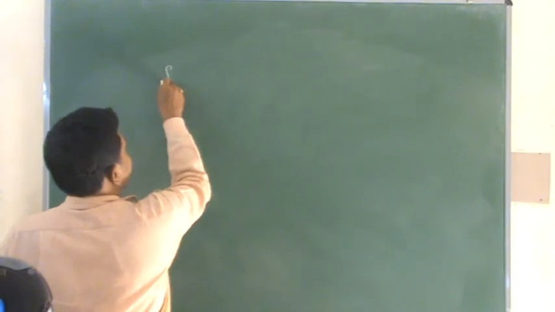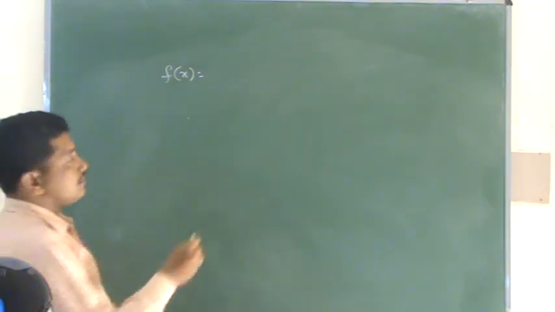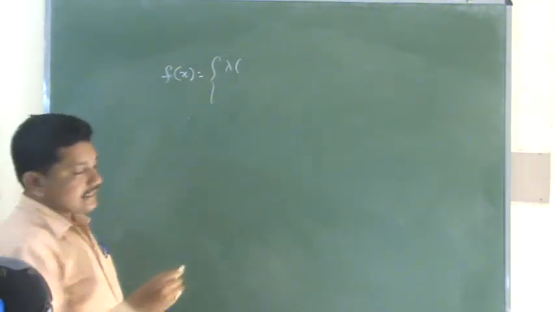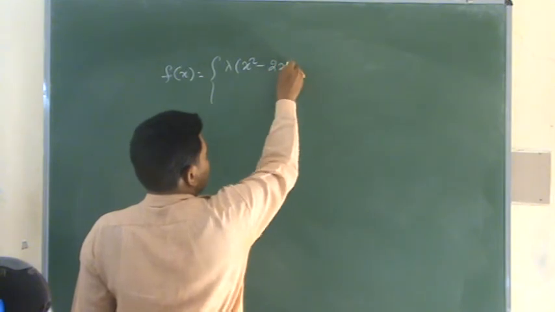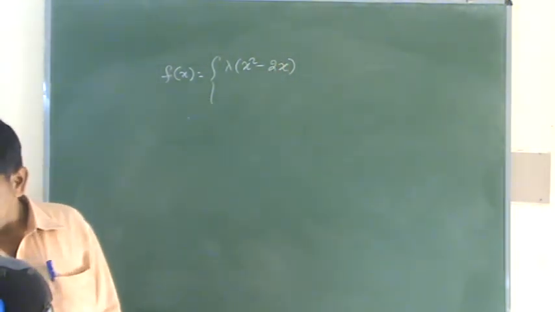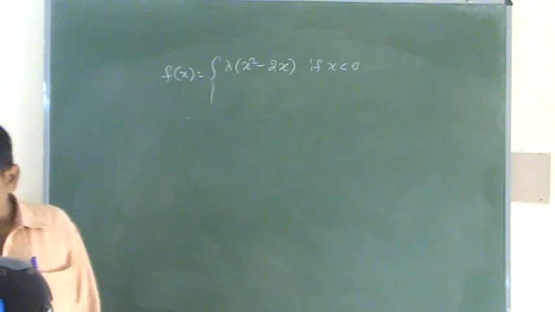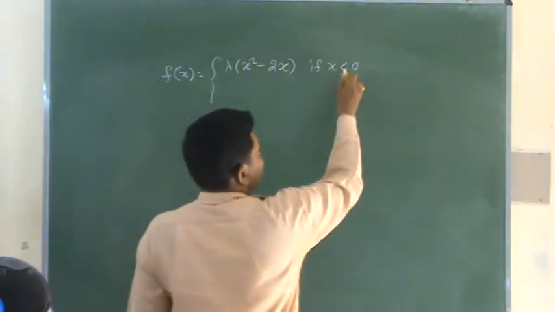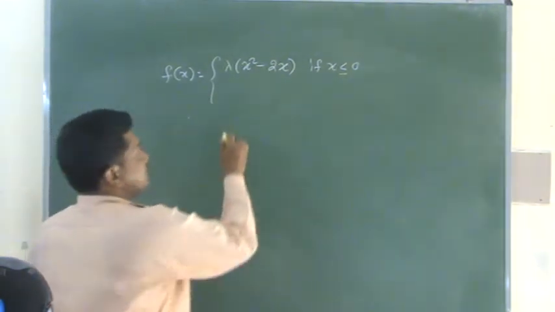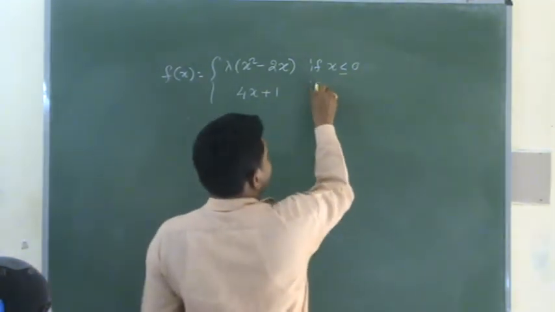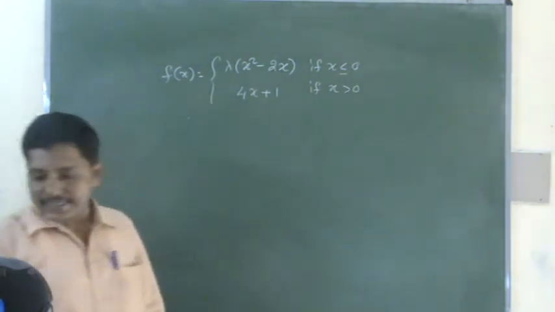This is given in 2017 July. f of x is equal to lambda into x square minus 2x, if x is less than or equal to 0, and 4x plus 1, if x is greater than 0.